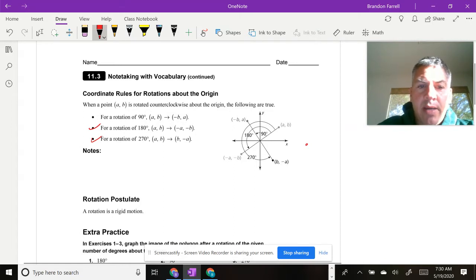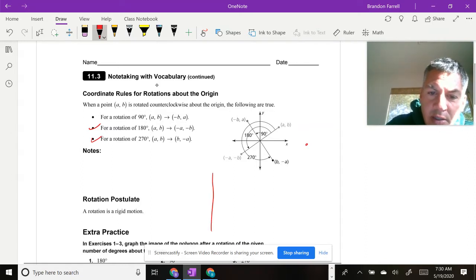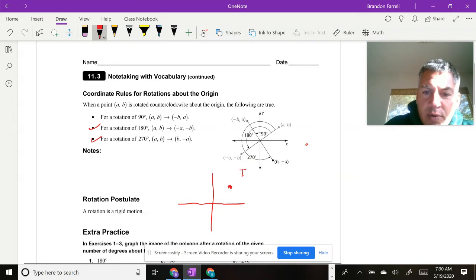What I like to be able to do is take this particular point and say, this is quadrant 1, quadrant 2, quadrant 3, and quadrant 4.